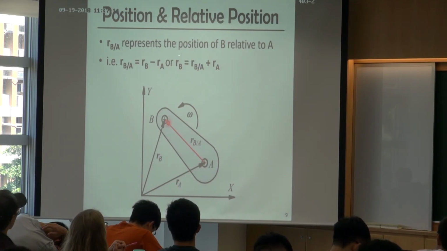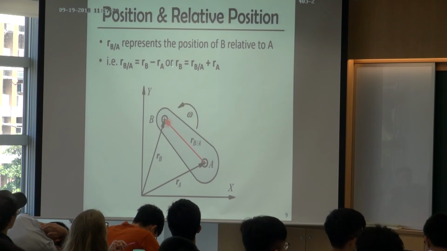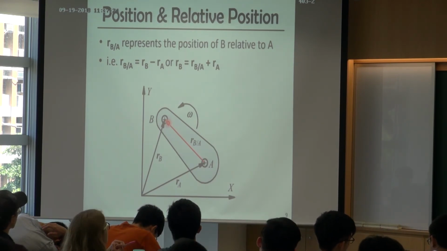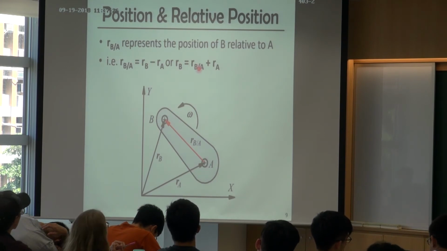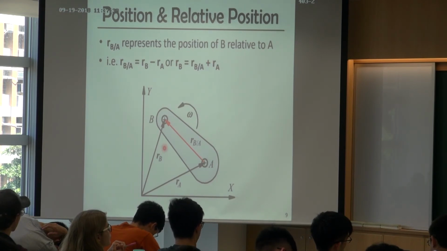So the absolute position of B equals the relative position of B to A plus the absolute position of A. This is the relationship between these three vectors.